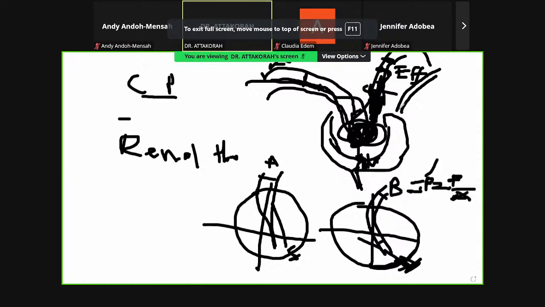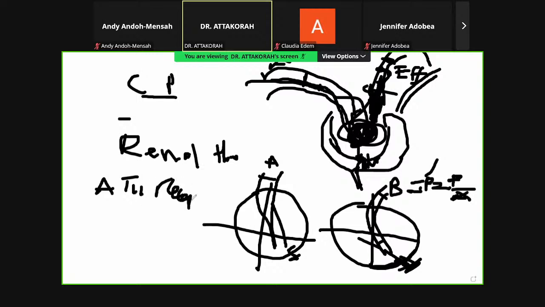Another thing that increases the capillary pressure is that within the lumen of efferent, we have a lot of AT2 receptors. What is AT2 receptors?